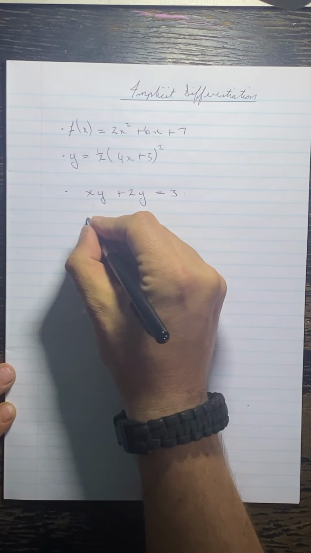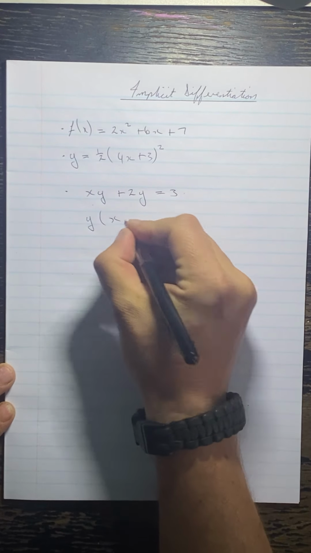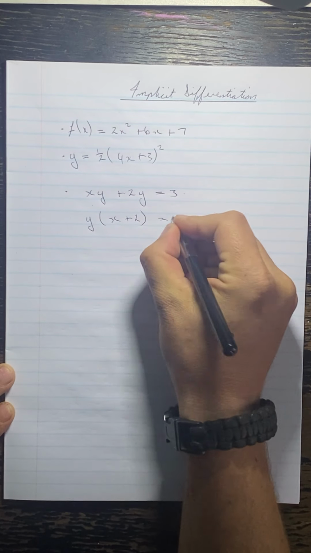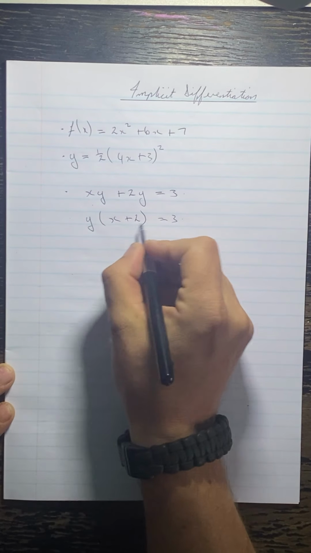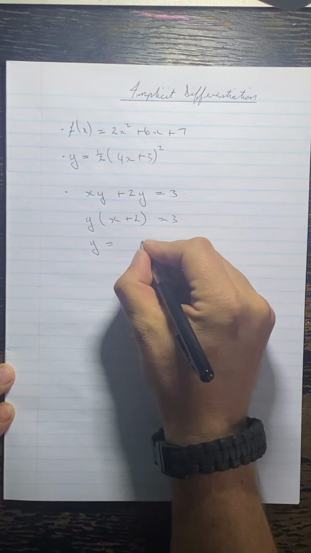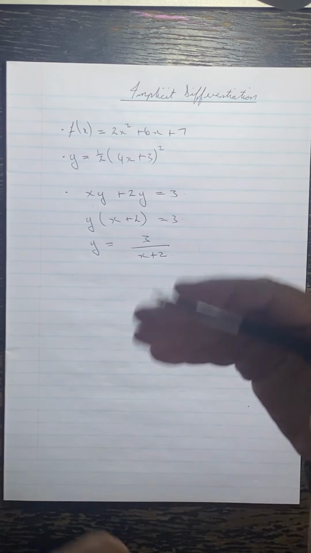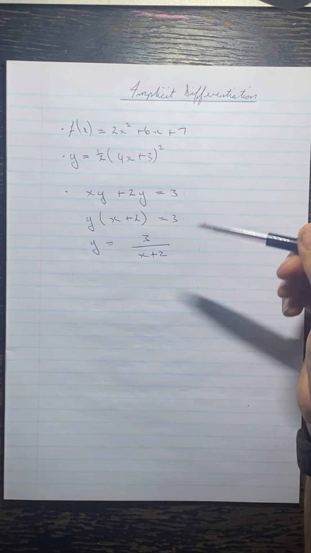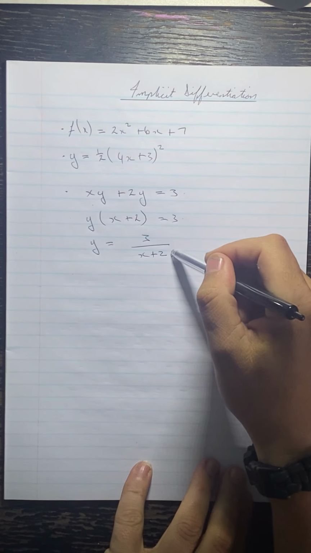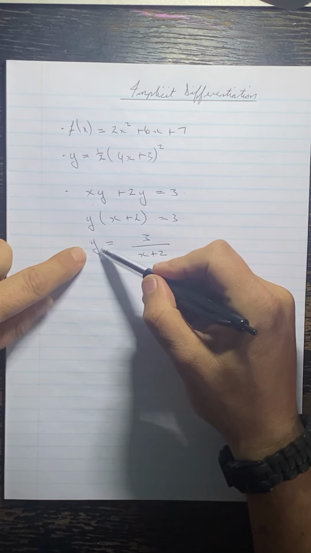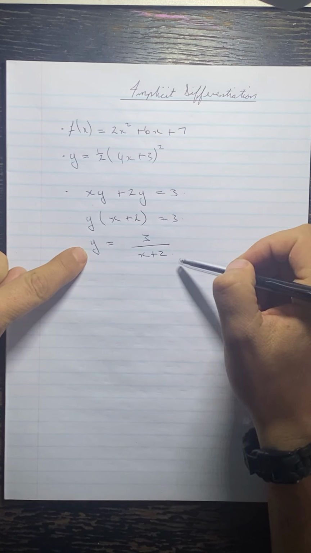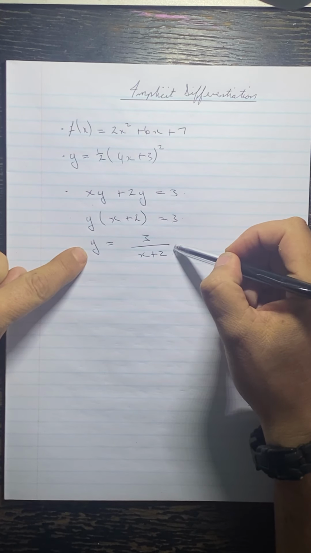We can take a common y out, and we get y times (x plus 2) equals 3. Then I can divide through by this bracket, and I get y is equal to 3 over x plus 2. Now we can use our differentiation rules, which would be the quotient rule, and we've got this one variable on its own. So it would be explicit differentiation.